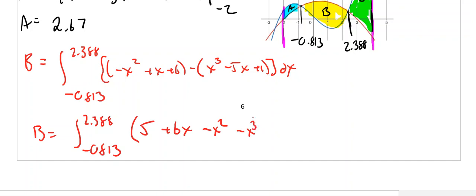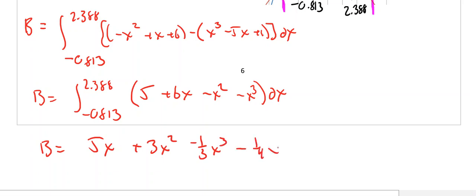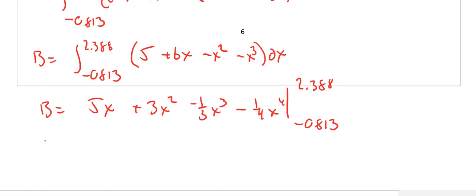And the antiderivative of that is going to be 5x plus 6x squared divided by 2, or 3x squared, minus 1/3 x cubed minus 1/4 x to the 4th, evaluated from -0.813 to 2.388. Heading on over into Desmos, plugging in the antiderivative and evaluating it, we end up with 18.39.